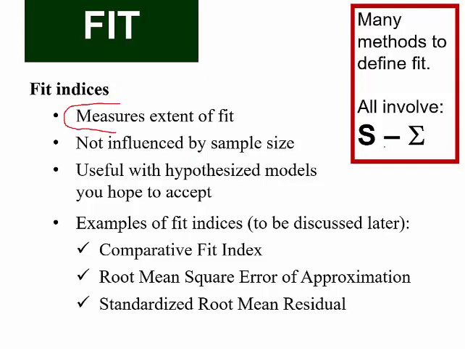That is, it measures the extent of similarity or difference between our S matrix, our sample variance covariance matrix, and sigma, our reconstructed variance covariance matrix based on our model. All measures of fit, one way or another, involve looking at the difference between these two matrices. There are many different approaches to doing that, but they all boil down to looking at the difference between those two matrices. Fit indices, unlike a chi-square, are not going to be influenced by your sample size.